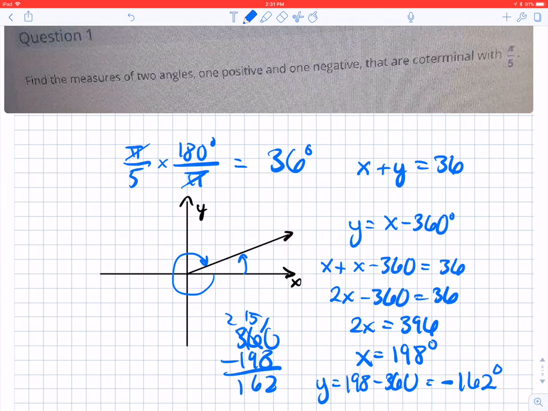Coterminal. Is that correct? We need to confirm that these angles are indeed coterminal and that they add up to 36 degrees. That just means they're essentially the same angle. So is 198 the same as negative 162? 198 is over here in quadrant 2.